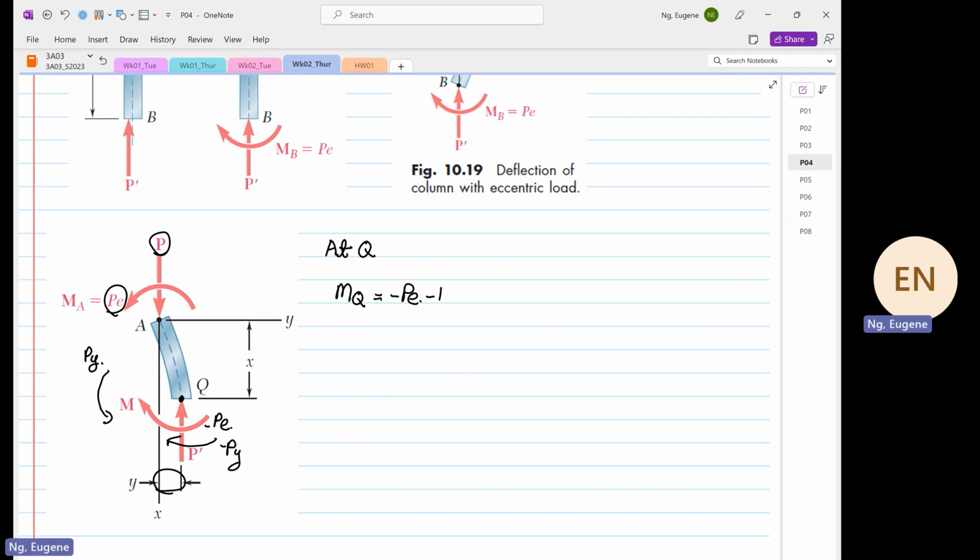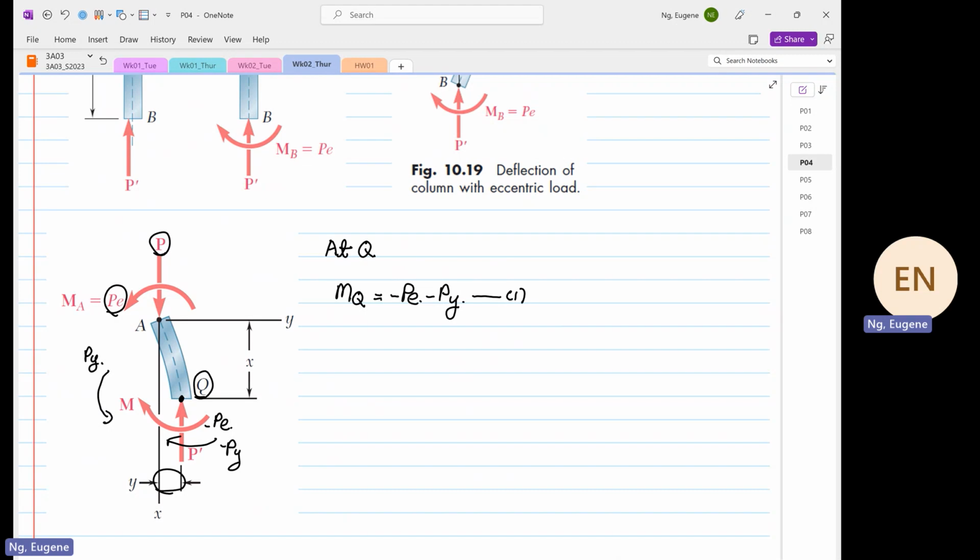So now our moment is P multiplied by E due to the offset of the centroid, plus P multiplied by Y depending on the position of Q. We address this as equation number 1.